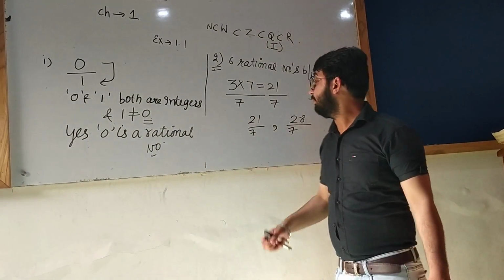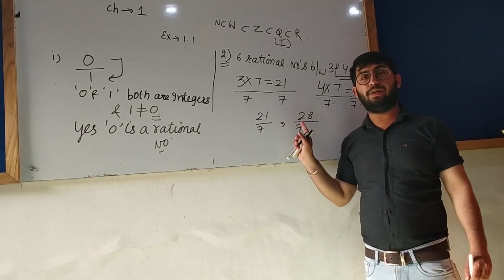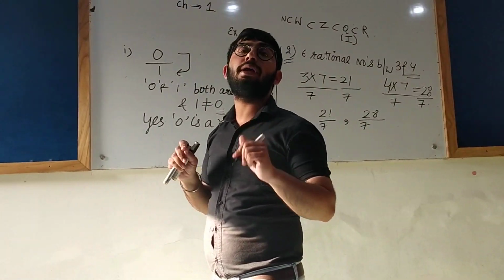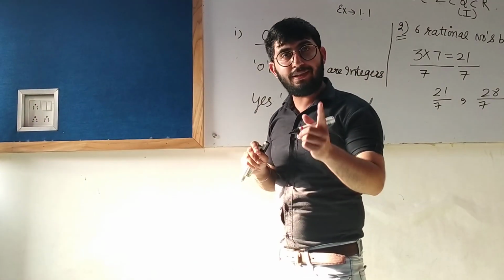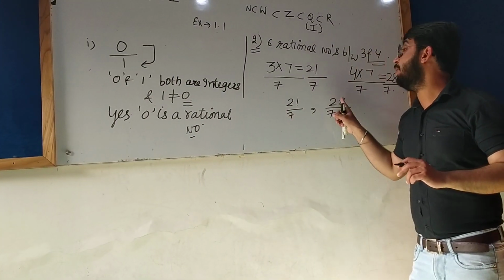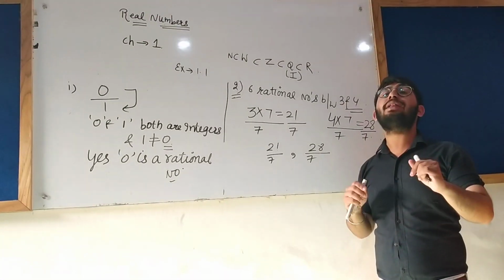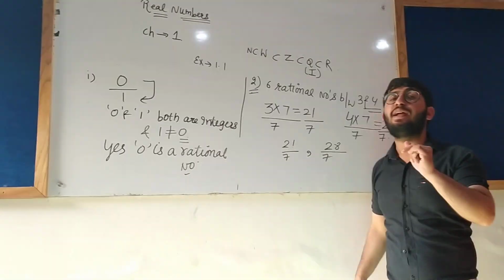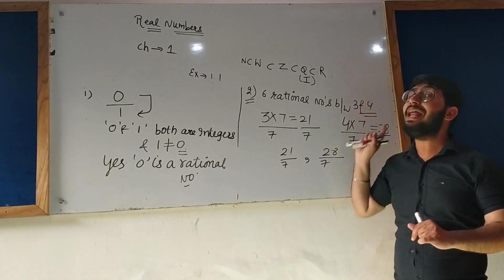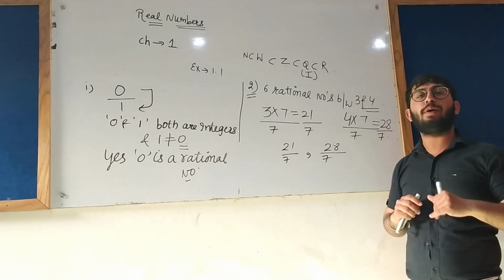Now, as the denominator is the same, we can compare the numerators. Keep one thing in your mind: if the numerator is the same, then you can compare the denominators; if the denominator is the same, you can compare the numerators. Make sure that you have read the question properly, that you have to find the rational numbers between. Between means between 21 and 28, that is, 3 and 4 are excluded. You have to talk about the numbers between them, not about them.